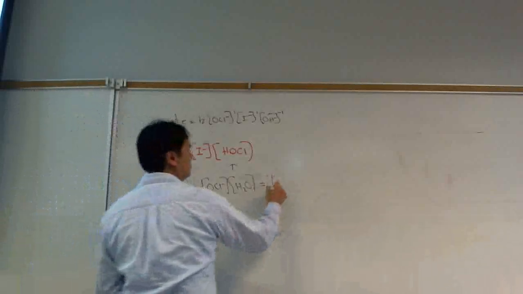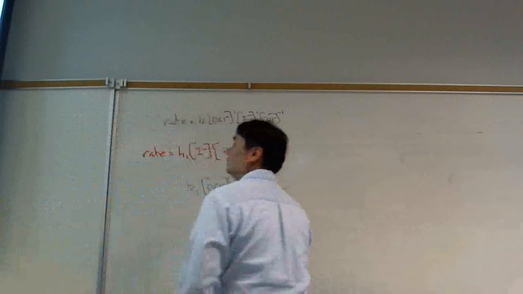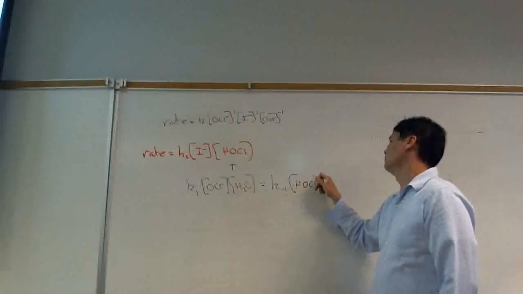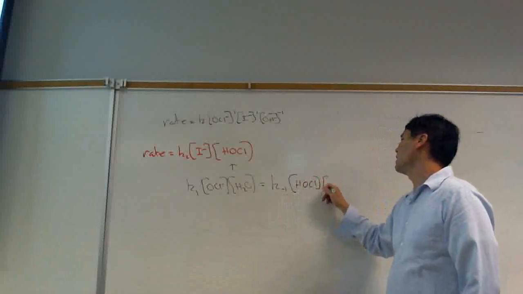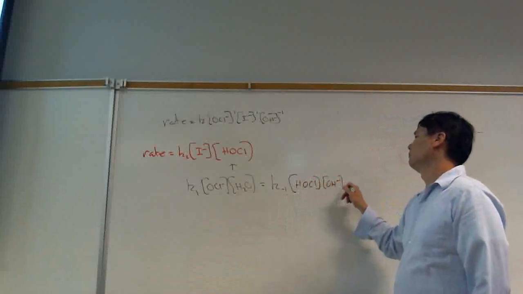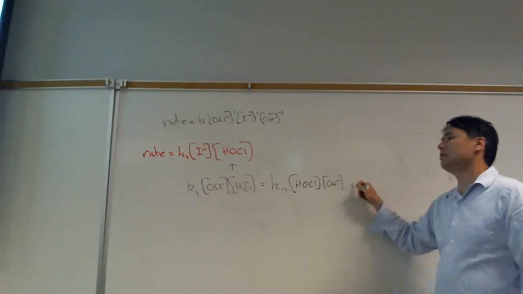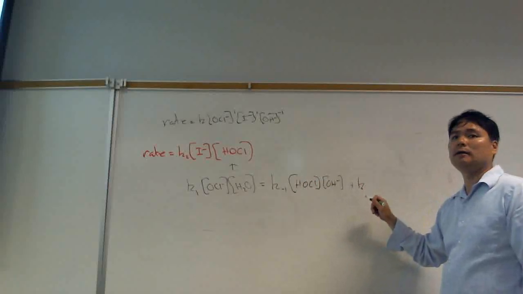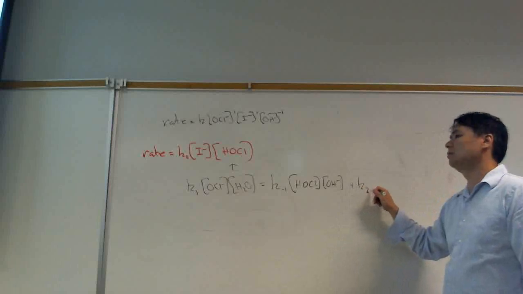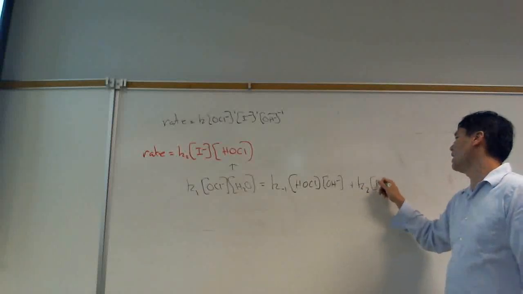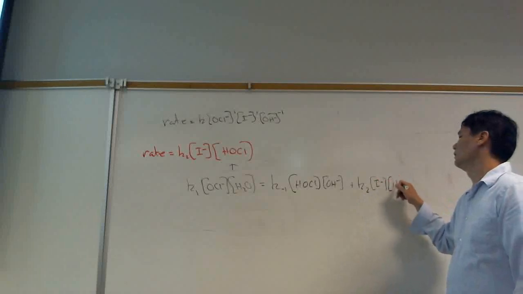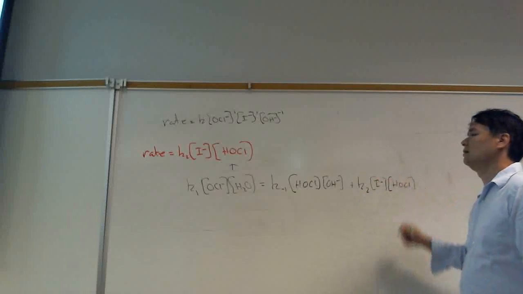It's going to be consumed by K minus 1, the reverse reaction, times the hypochlorous acid times the hydroxide. And it's consumed by K2 times the iodide times the hypochlorous acid.